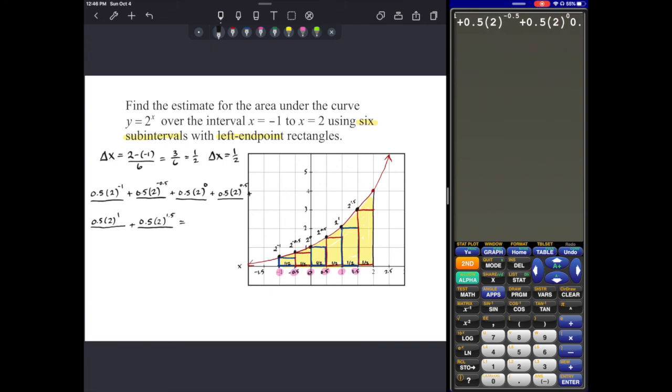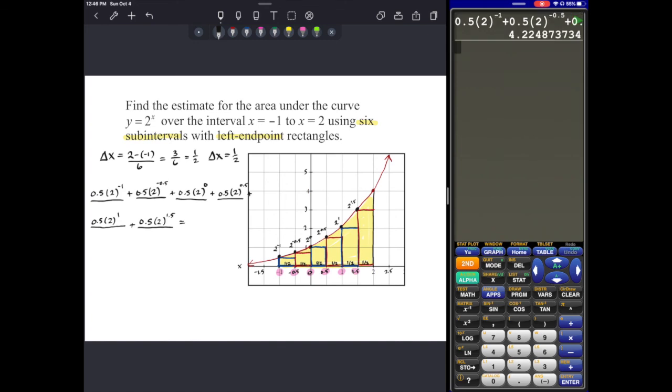Don't forget your plus sign because that'll throw off your answer. Plus 0.5 times 2 raised to the 0.5 power, plus 0.5 times 2 raised to the power of 1. And I think we got one more, plus 0.5 times 2 raised to the power of 1.5.